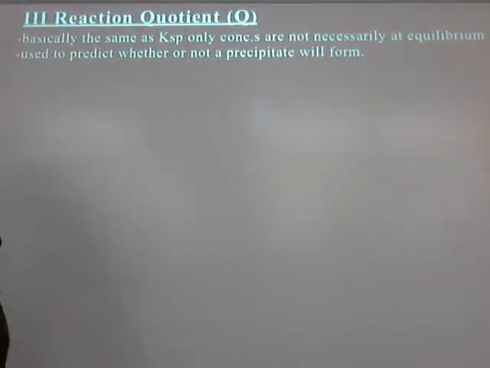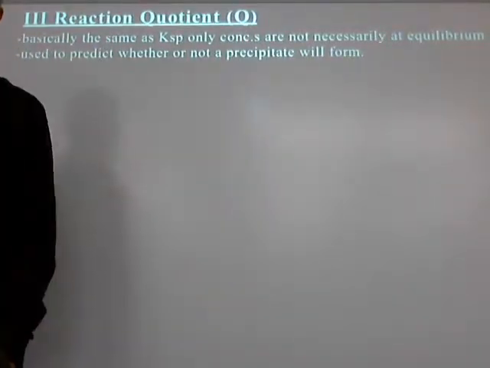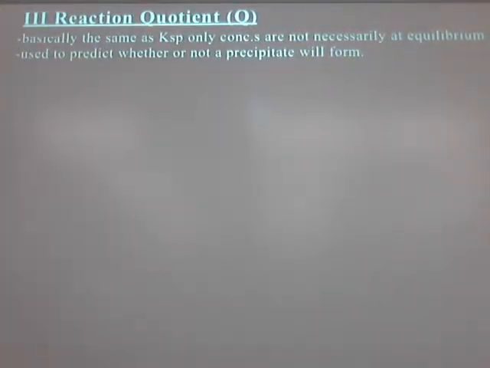You may remember doing Q back in the first equilibrium chapter. We did solve for Q back then. And that was going to tell us whether the reaction needed to go forward, reverse, or was at equilibrium when we did it.